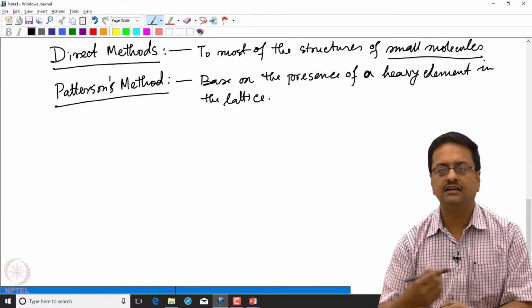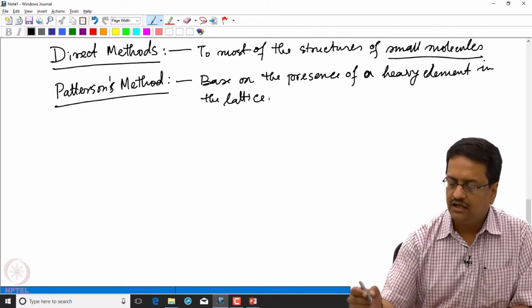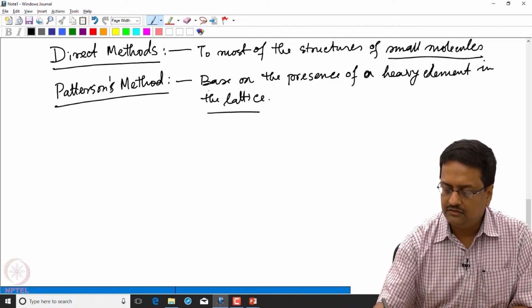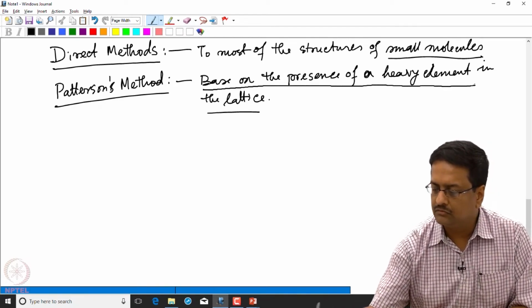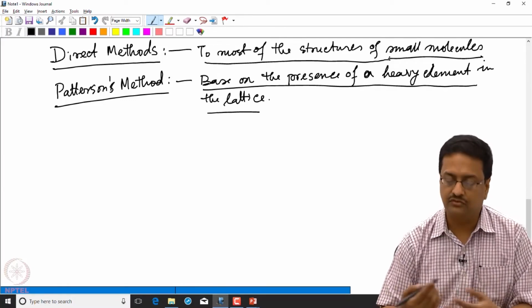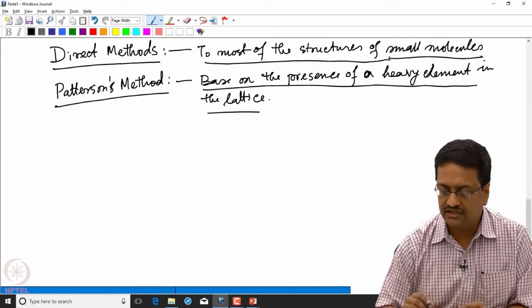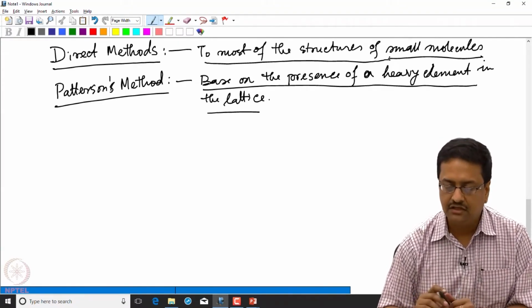We will discuss these two methods one after another in the coming few lectures, and then we will be able to understand the structure solution that happens so quickly now on a computer, as we have seen in one of those presentations in a lecture.